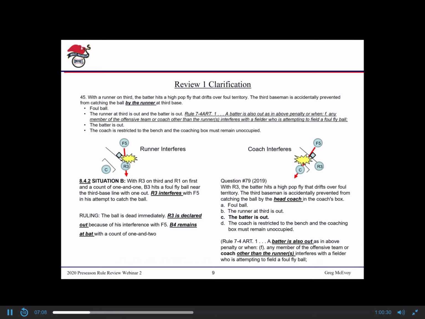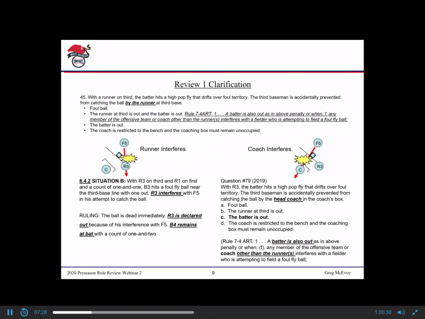So I give you 2 examples from the casebook and last year's exam where we have different scenarios. In the scenario on your left, we have interference by the runner. Our runner is going to be declared out, but the batter is going to remain at bat.